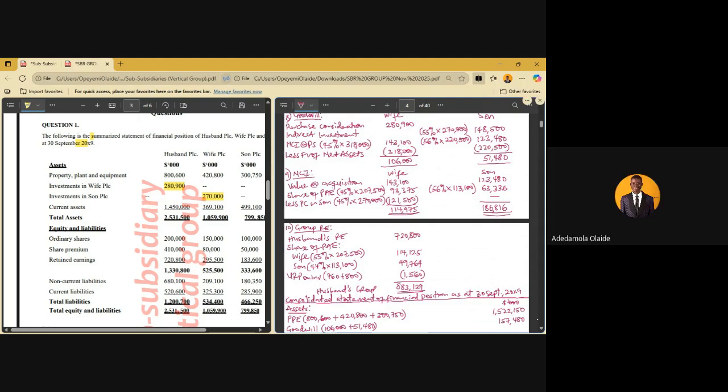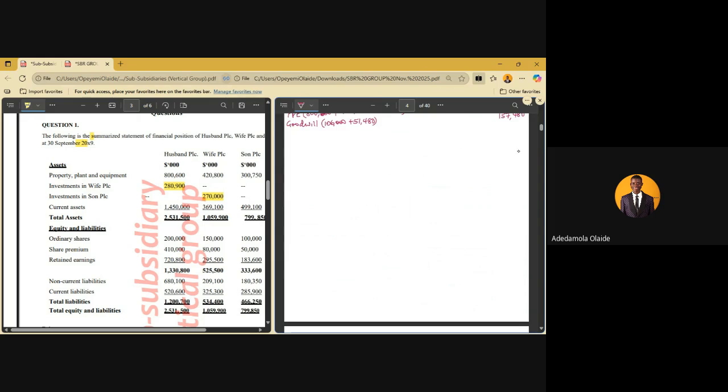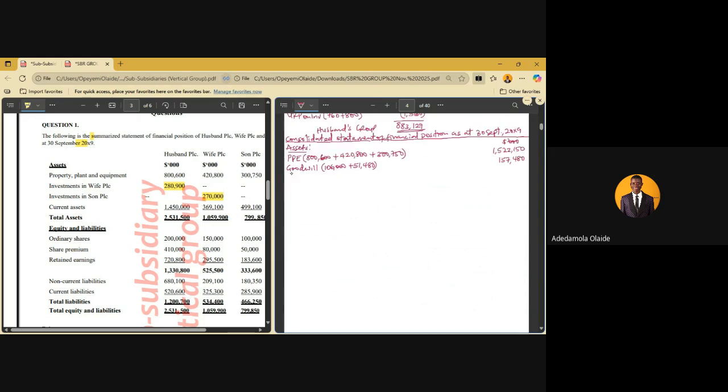So that is that. So what else do we have? After goodwill, we have current assets. So the current assets will be 1,450,000 plus 369,100 plus 499,100.